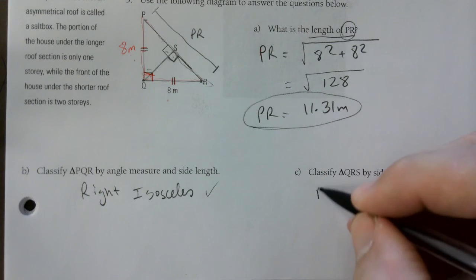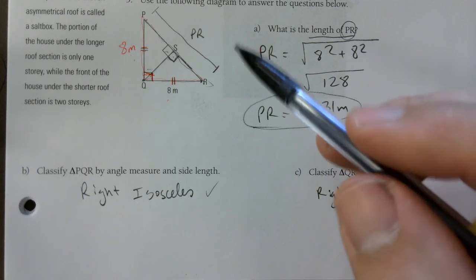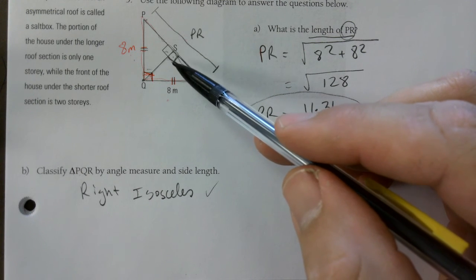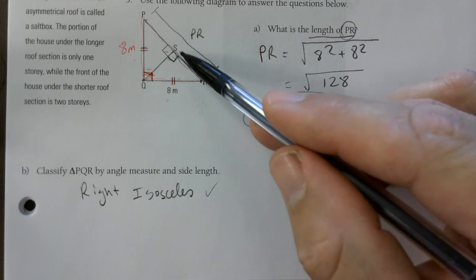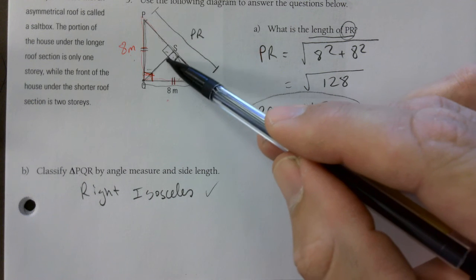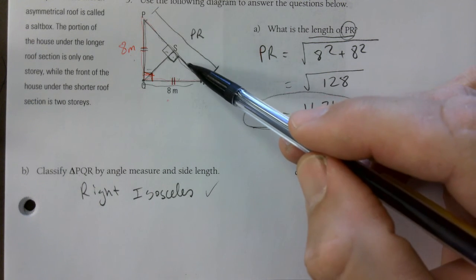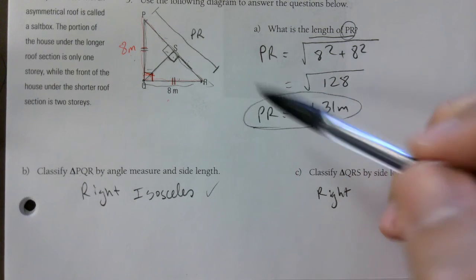So it is a right. What can you say? What is this going to be? You think it's going to be an isosceles? Well, because this is symmetric, if you cut that in half, you're actually splitting this in half. Okay? So it's half of that.